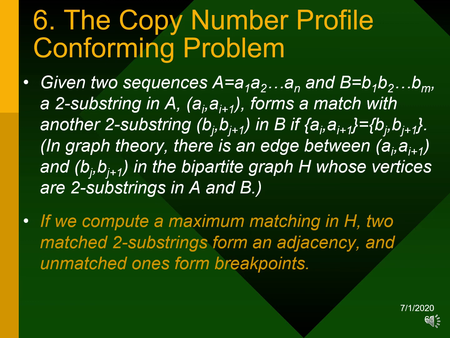So A_i A_{i+1} forms a match with B_j B_{j+1} in B if the two sets {A_i, A_{i+1}} and {B_j, B_{j+1}} are equal. In graph theory, basically you form a bipartite graph H whose vertices are the two-letter substrings in A and B respectively, and there is an edge between A_i A_{i+1} and B_j B_{j+1} if they match.